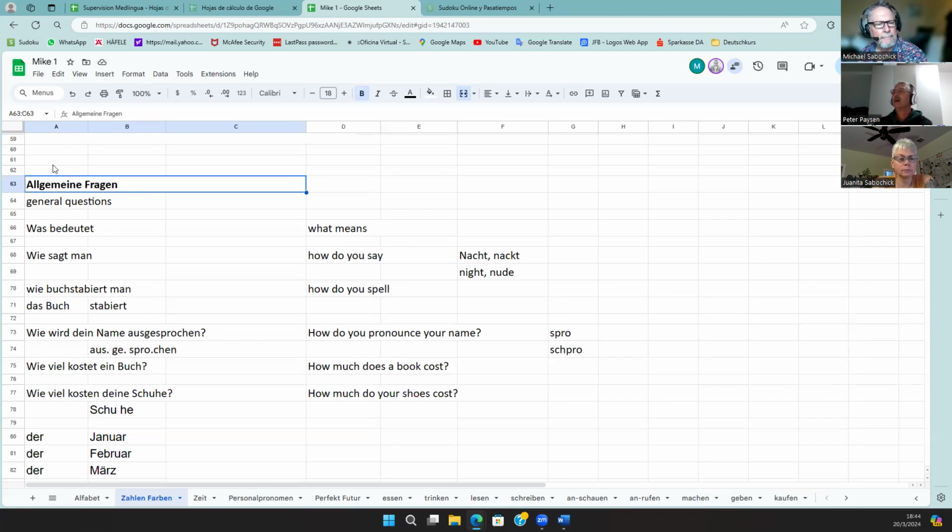Wir können fragen, was bedeutet? And that, of course, is translated, what means. Also, was bedeutet das Schwein? Das Schwein bedeutet the pig. That's its meaning.